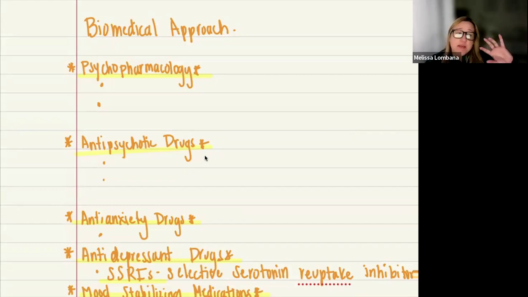What they do is they basically block the receptor sites so that they do not release those chemicals. So it's not so much the reuptake, it's not allowing them to be released, because typically what they've seen is that people that have schizophrenia or bipolar have an increase or excessive dopamine. So what this medication does is it blocks it from even being released into the synapse.